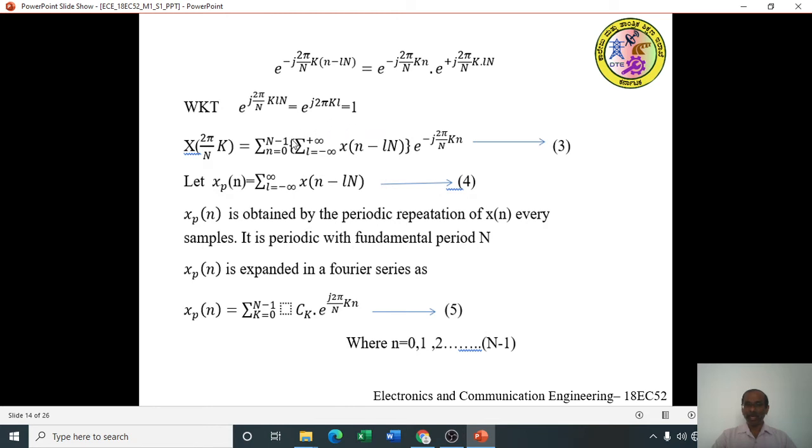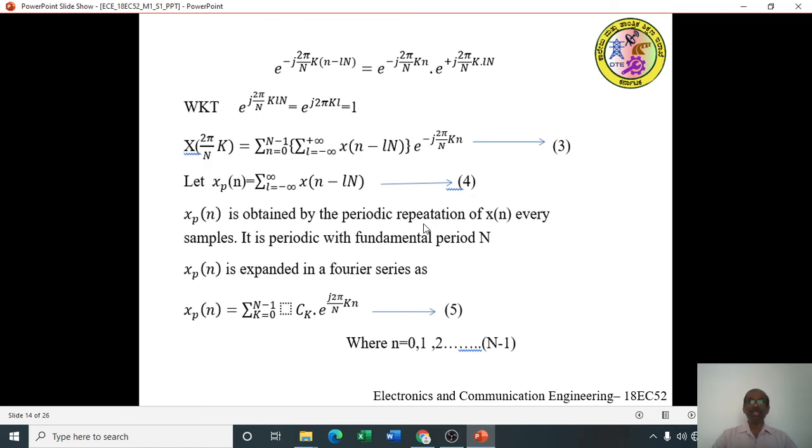Observe the summation within this flower bracket. This looks like the periodic representation of your x of n. So we'll denote this term by xp of n, where xp of n is the periodic representation of x of n with the period n.